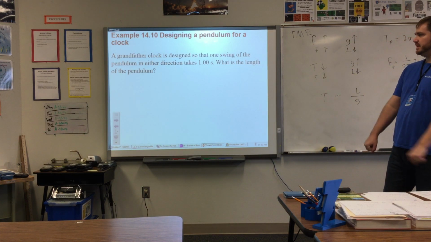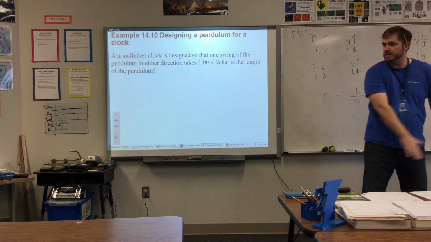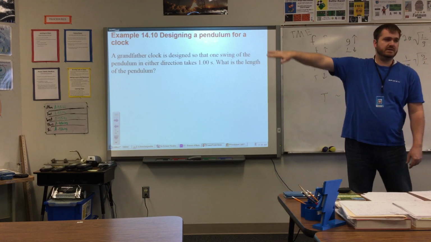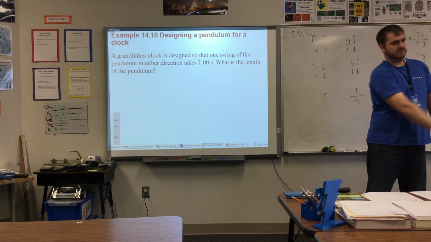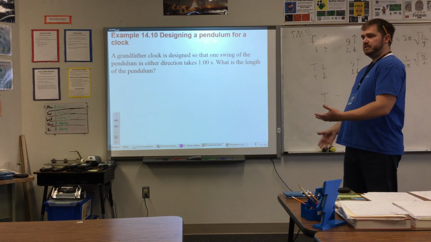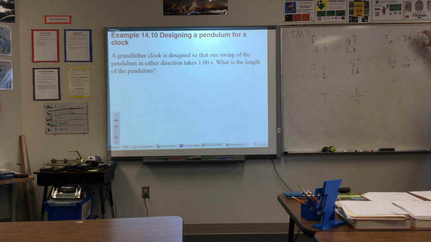A grandfather clock is designed so that one swing of the pendulum in either direction takes 1 second. Okay, that's pretty cool. So it goes tick, tock, tick, tock. What is the length of the pendulum? Well, that makes sense because we know that the period does depend on the length.